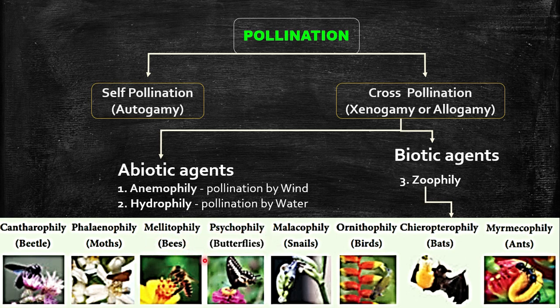Psychophily, by butterflies. Malacophily, by slugs and snails. Ornithophily, by birds. Chiropterophily, by bats. And myrmecophily, pollination carried out by ants.